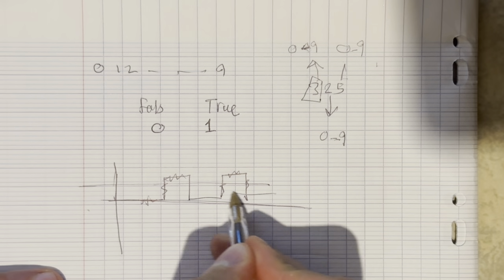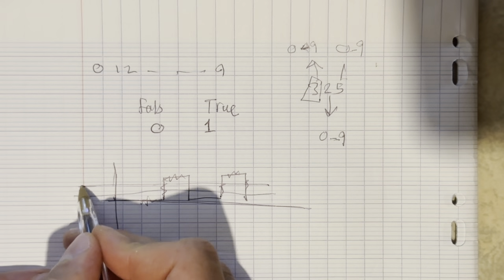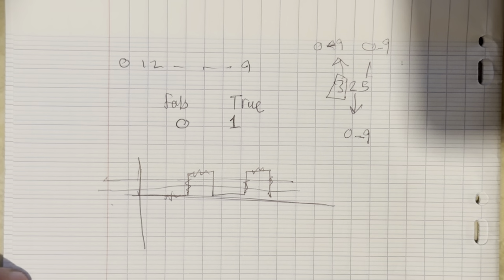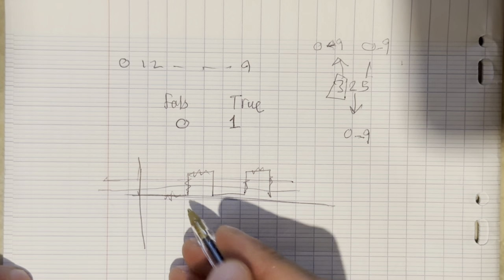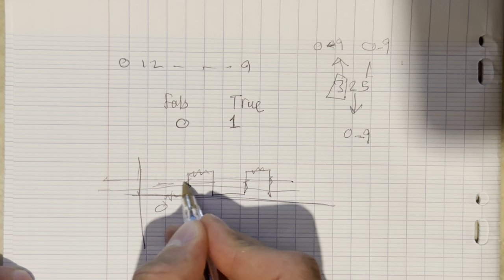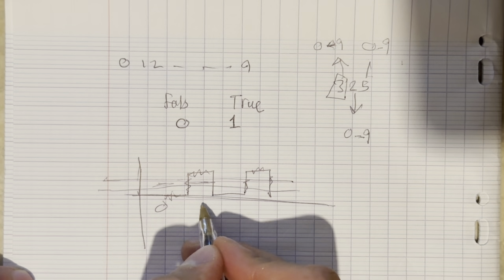For example, we would use resistors to limit the current, and we would look at two places. If the signal doesn't exist, it would be a 0, and if it exists, it's a 1.